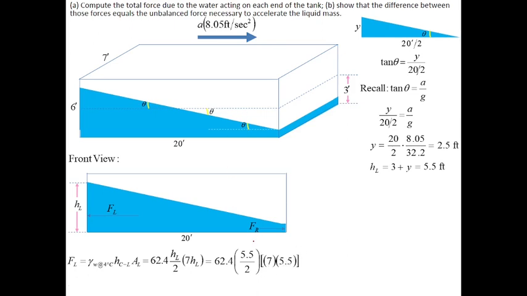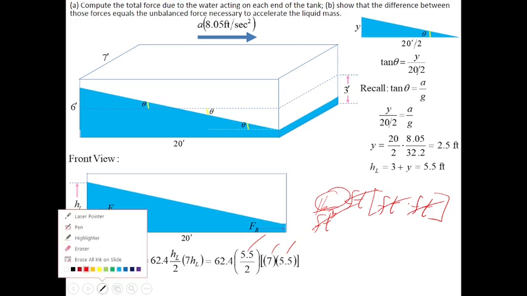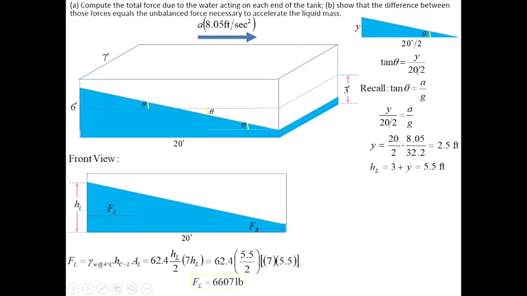So, let's analyze the units. Pounds per cubic feet. What is the unit of this? Feet. And this one, feet, feet. So, cancel. Pounds will be the unit. So, 6607 pounds.